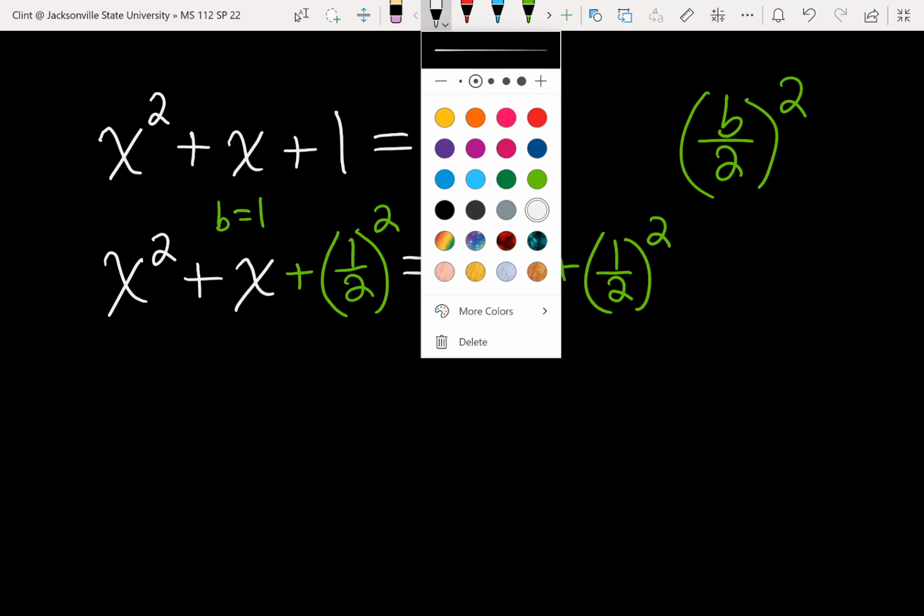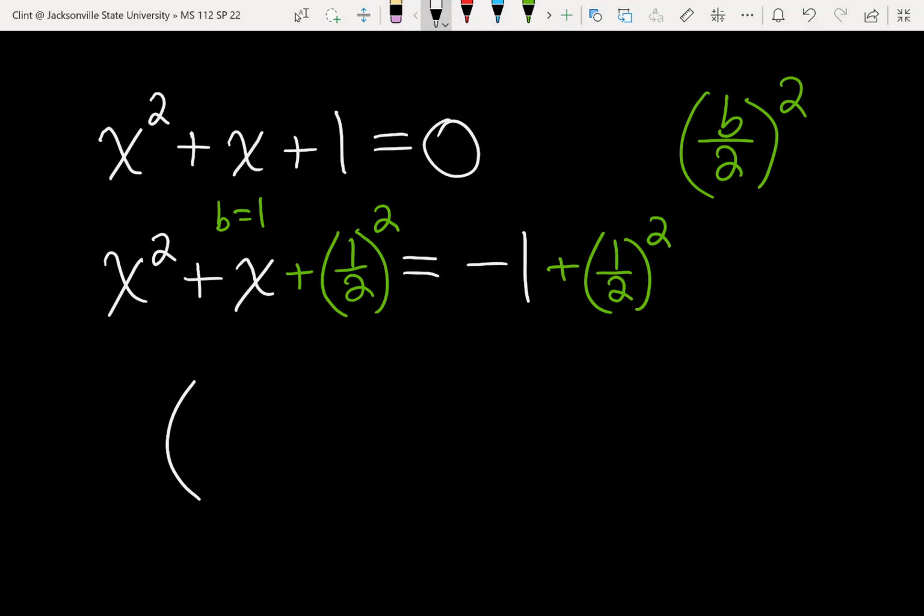But the left side, now we can rewrite it. X plus the magic number 1 over 2, squared. On the right side, we've got a little bit of work to do, because of the fraction. So we got negative 1. If you square a fraction, you square the top and square the bottom. So it's plus 1/4.